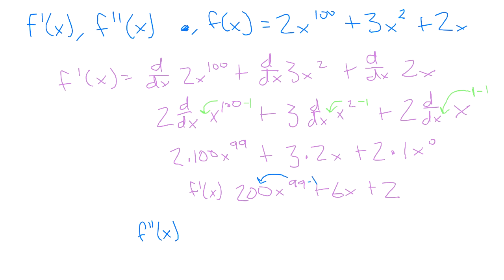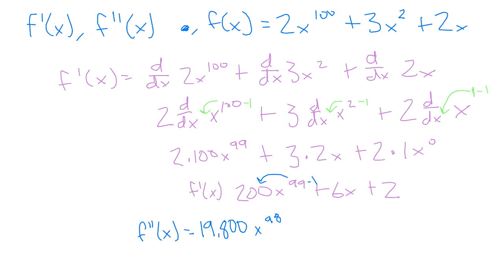And our 99 times 200 is going to equal 19,800 x to the 98th power.